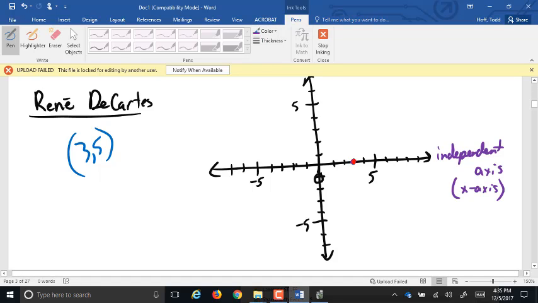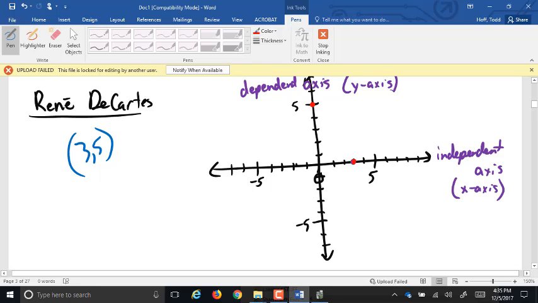And the 5 is going to be represented on the vertical axis, the dependent axis, or sometimes referred to as the y-axis. Well, 5 is right here. Now, we technically wouldn't put marks there, but I'm marking them to show that's where these values are.